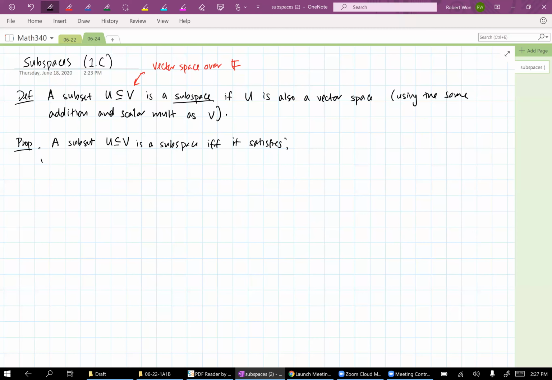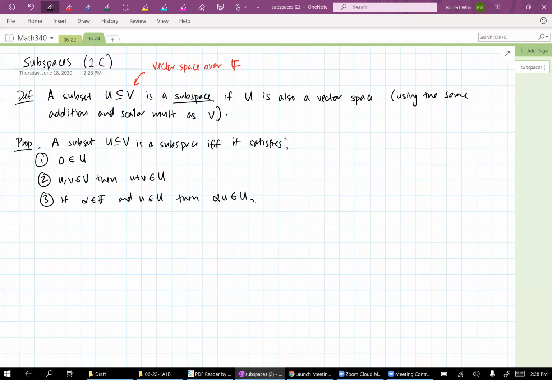First of all, the 0 vector has to be in U. Second of all, if u and v are in U, then u plus v is in U. And third, if alpha is a scalar and u is a vector in U, then alpha u is also in U.